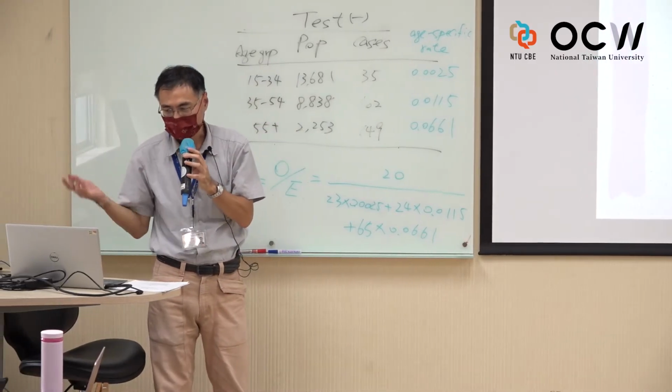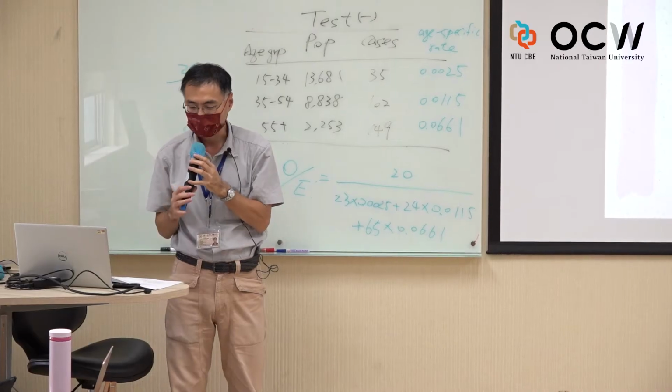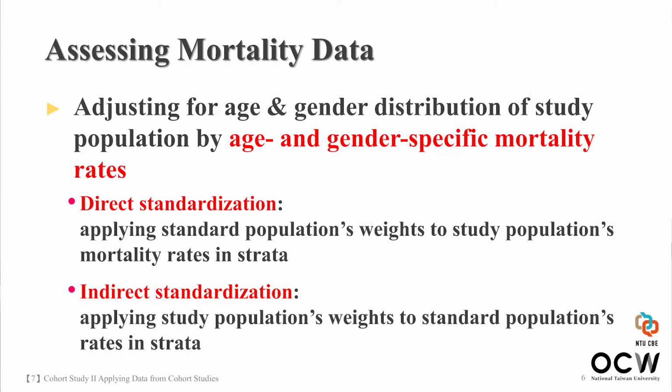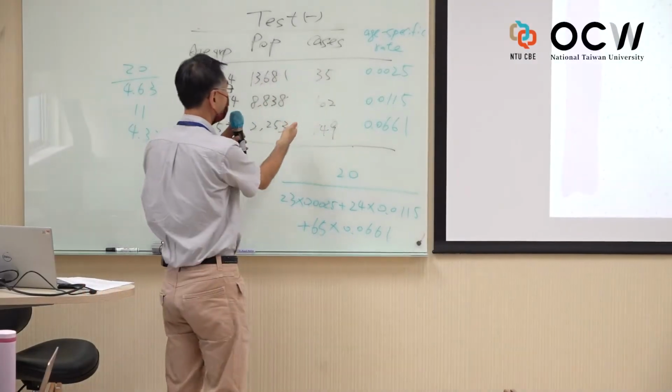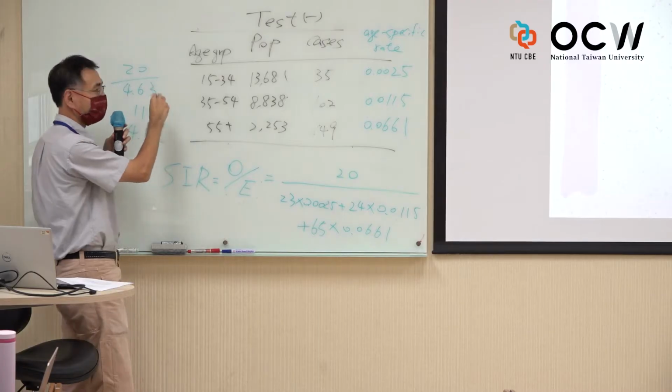So that's why we need a standard population which is much bigger, which is considered to be more stable. So we need to adjust for the age and gender distribution of the study population by age and gender specific mortality rate, like what we did here. This is the age specific one, right? So we combine the genders here.